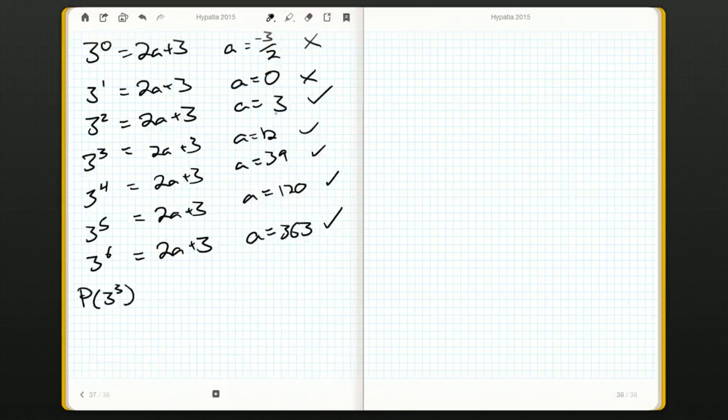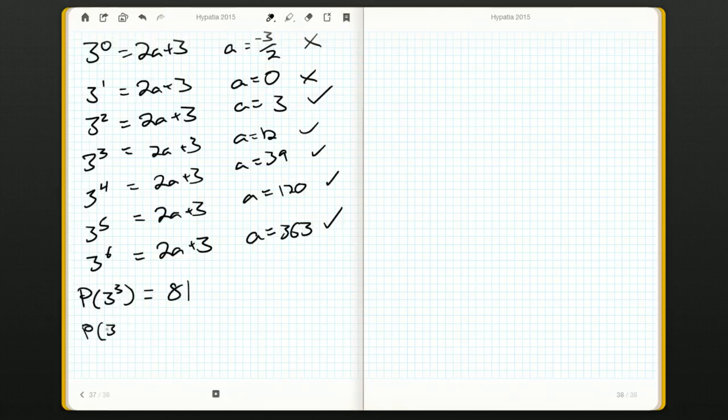So P of 3 to the 3 is going to be 4 times 27 minus 3 times 9. So that's going to be 81.